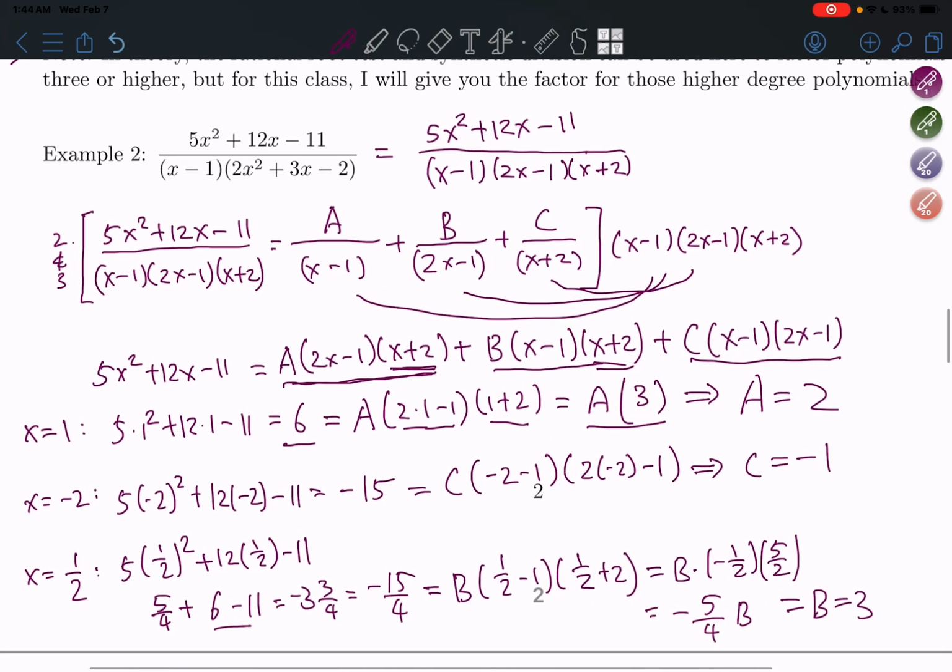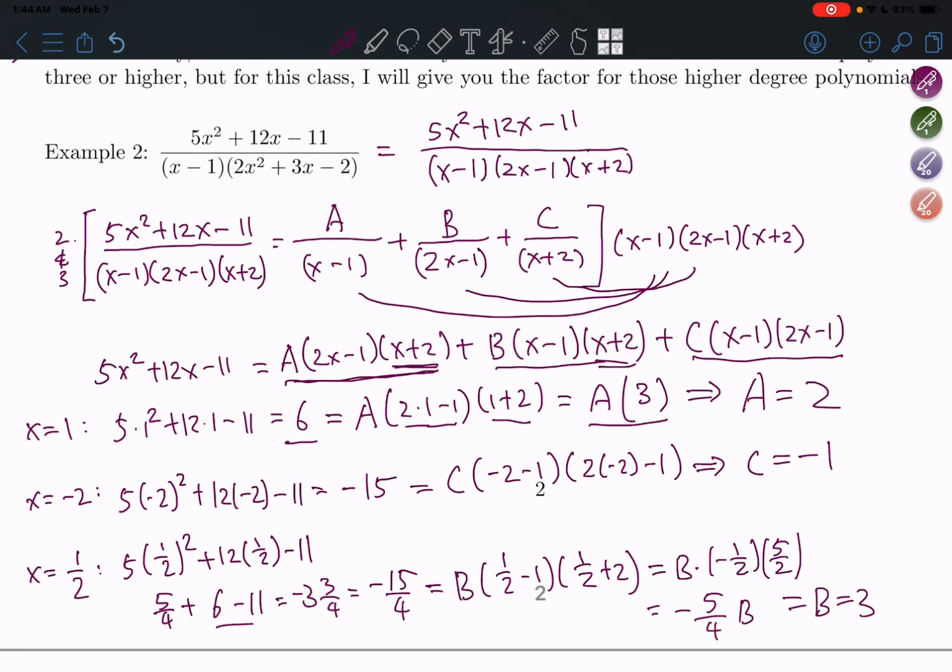And last but not least, all I have to do is replace the original A, B, and C with the letters that I got, which is 2, 3, negative 1.